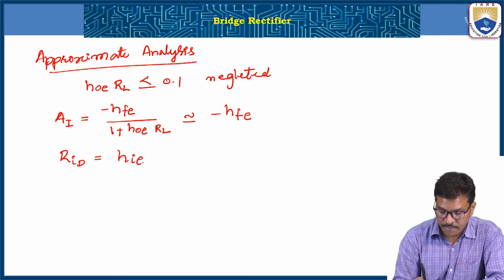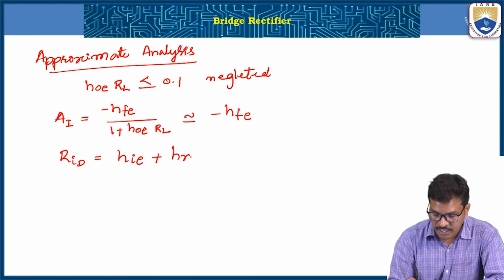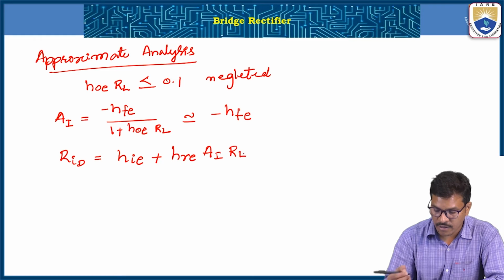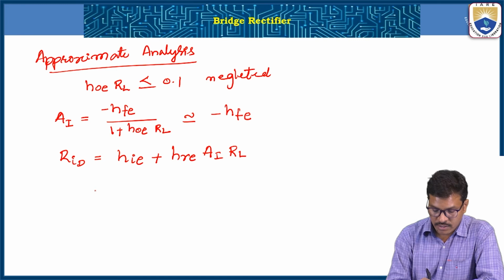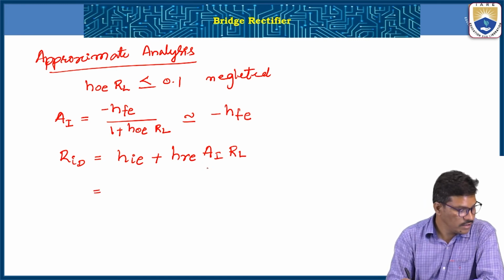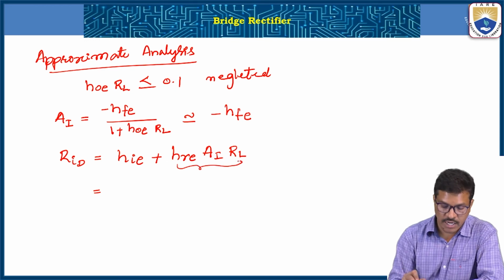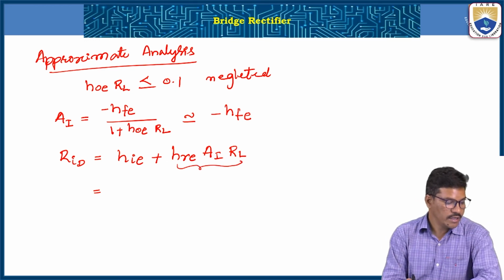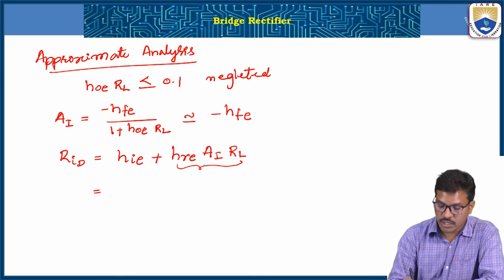HIE plus HRE AI into RL. Okay. So when we multiply this HRE, AI into RL, HRE is 2 into 10 to the power of minus 4, so this multiplication is also negligible.